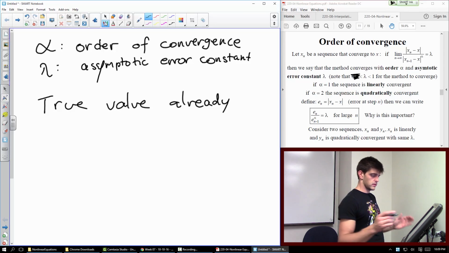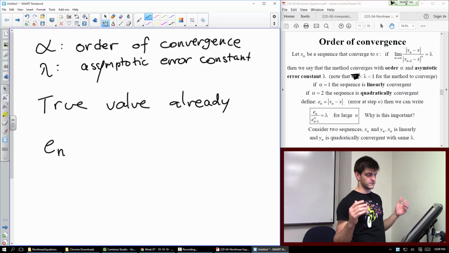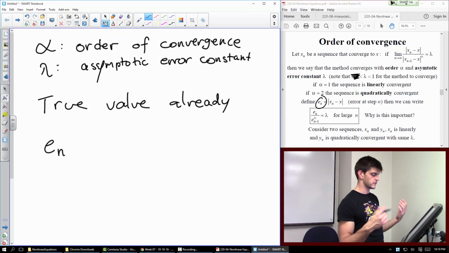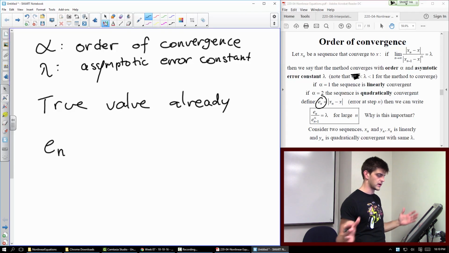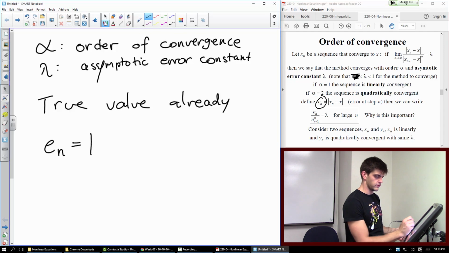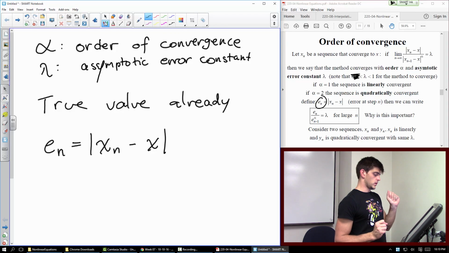And we're going to define the error, and by error I mean distance from that true value at each step of the iteration. We're going to define that as E sub n. Now it's kind of unfortunate, the notation in these slides uses a nice little cursive E, which makes it look like you're talking about Euler's number. It's not Euler's number, it's just error. That's defined as the absolute value of x sub n minus x. So x sub n is your estimate after n iterations.